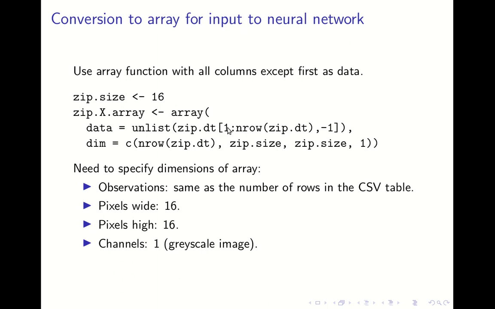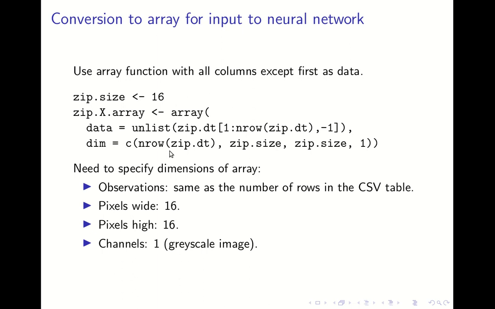And so what we do is we select all of the rows, and this -1 here means we're selecting everything except for the first column. The first column was the label, so we want to ignore that when we're constructing this input X array. Then we have to specify the dimension of this array.